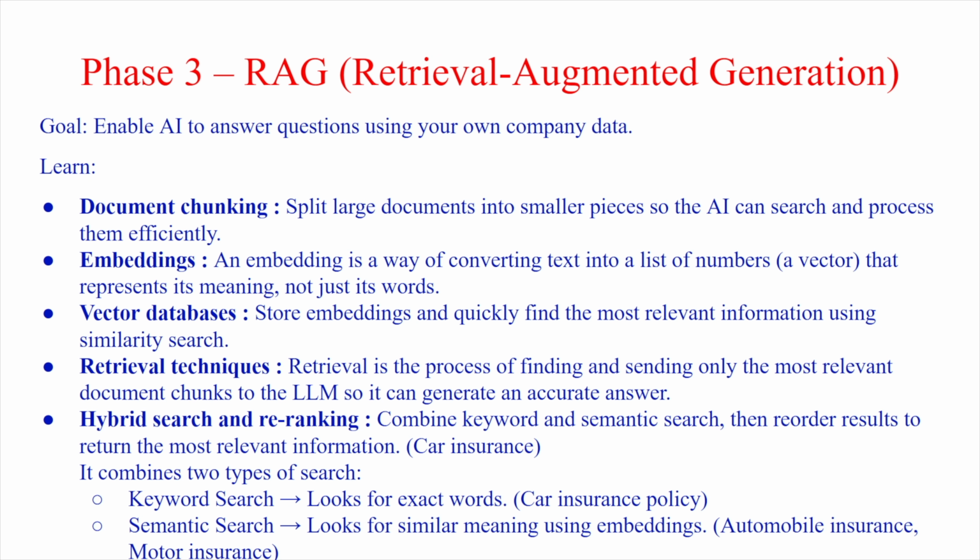The second is very important, which is embedding, which is important for the vector database. Now, the vector database is the one which helps you to retrieve the relevant information. So embedding is a way of converting those texts into numbers or vectors that represent their meaning, not just their words. For example, if you're searching for maternity policy, then it will also search for to-be-mom policies or paternal policies or planning a baby kind of stuff.